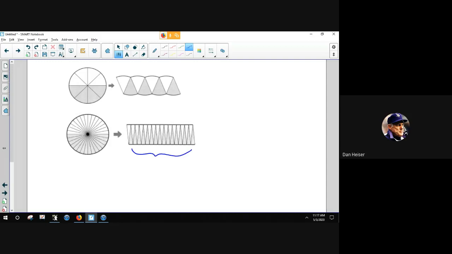So this base, again, is half the circumference. This height is equal to the radius. We know the area of a parallelogram is base times height. Base is 1/2 2 pi r. The height is r.